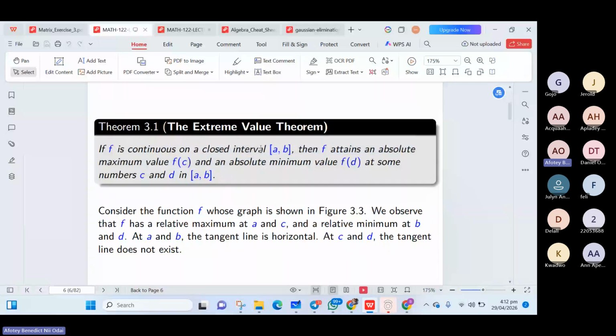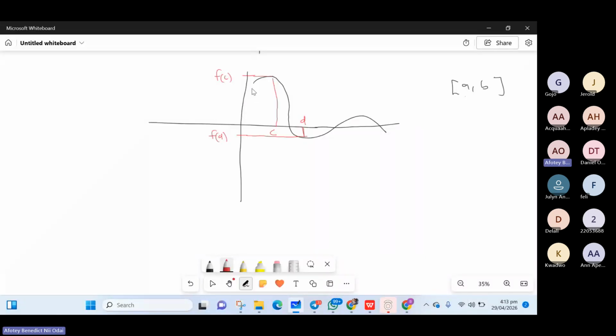So we would be looking at two kinds of extremes, right? Local minimum and maximum values, and also absolute minimum and maximum values. The difference is that for the absolute minimum or maximum, let's take this graph for instance.